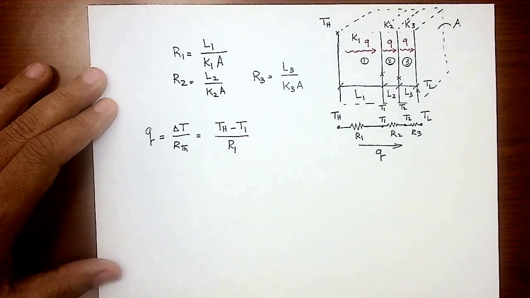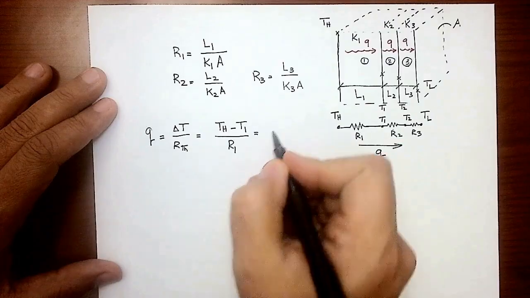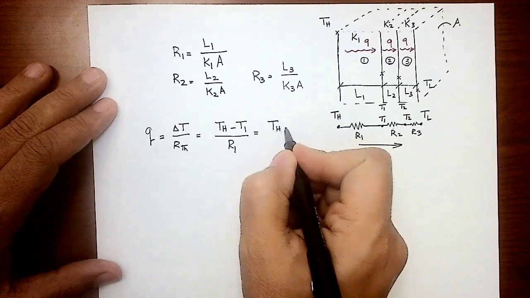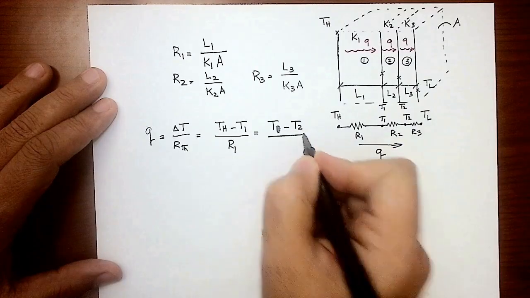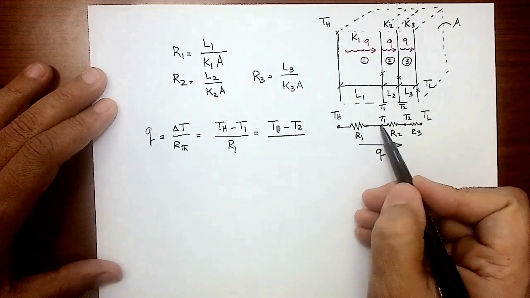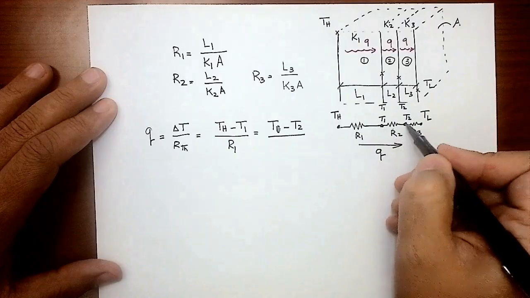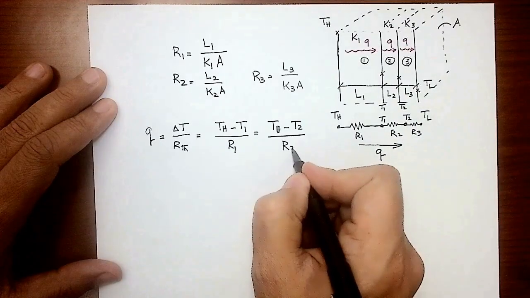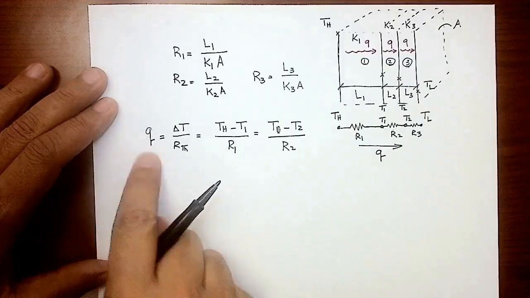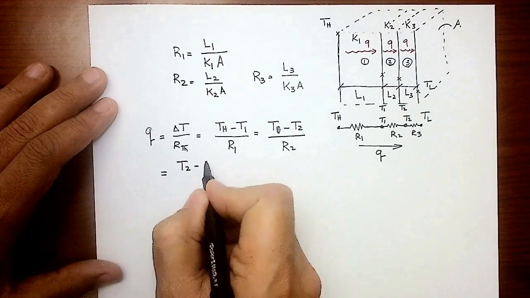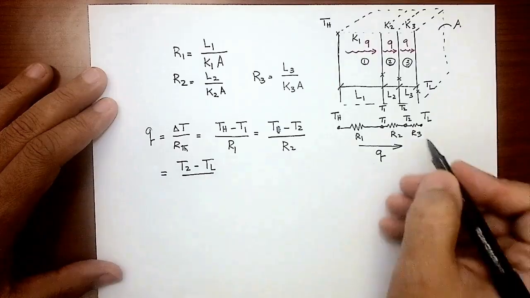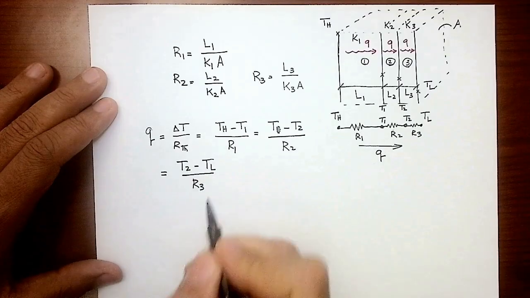Someone else says, no, I don't like this equation, I'm going to pick T1 minus T2. You pick T1 and you pick T2. What's between them? It's R2. You divide by R2, and you see that I'm putting the equal sign all the time. One would say, no, I'm going to pick T2 minus TL. Okay, you have to divide by R3.